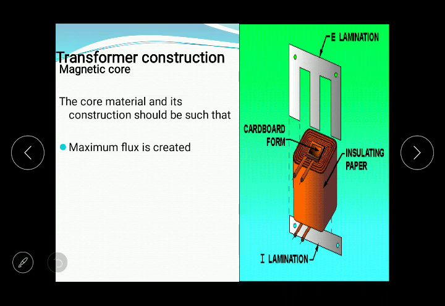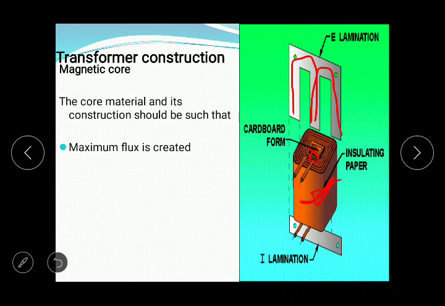See here, this is the shell type core. Here this one is cardboard. This is insulated paper.